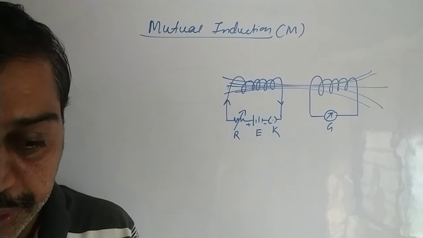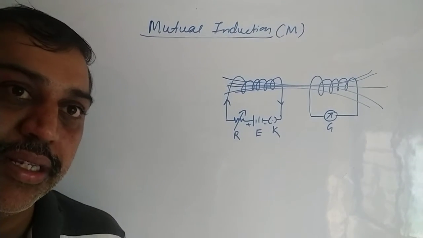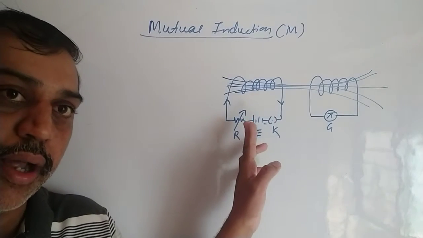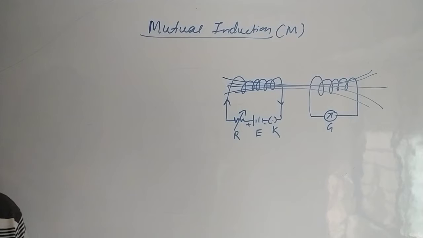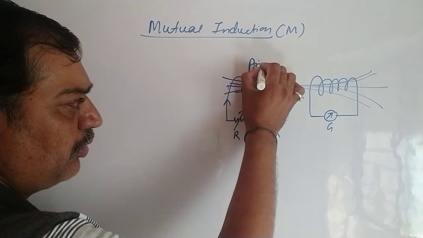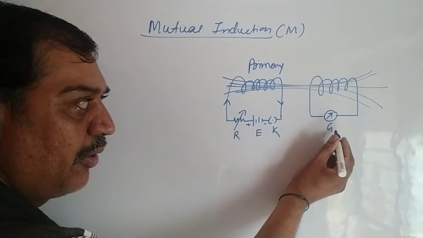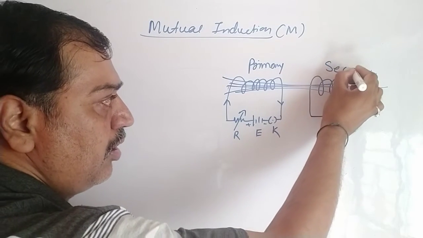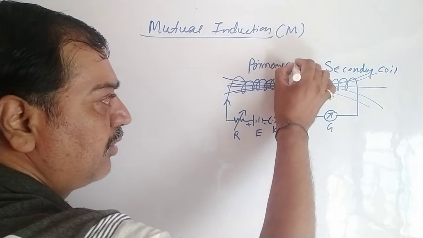Principle of mutual induction. The phenomenon of production of EMF in the second coil due to flow of current in the first coil is said to be the phenomenon of mutual induction. The first coil, which is connected to the battery eliminator, is said to be the primary coil, and the second coil, which is connected to the galvanometer, is said to be the secondary coil.